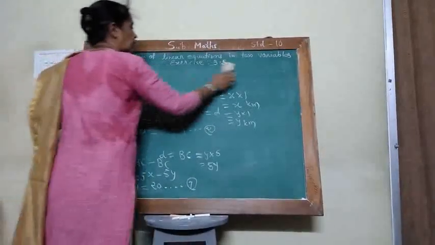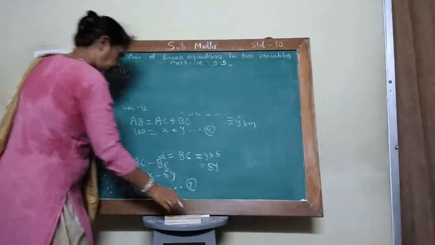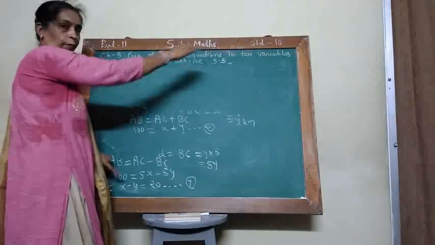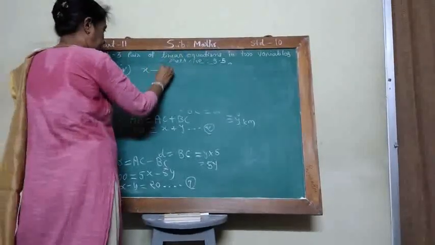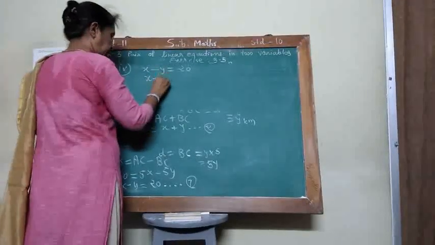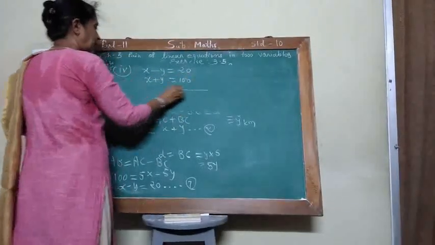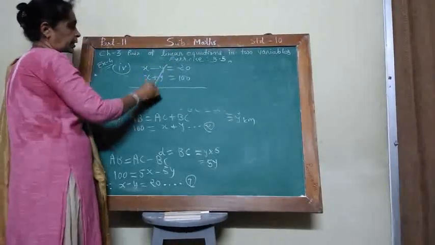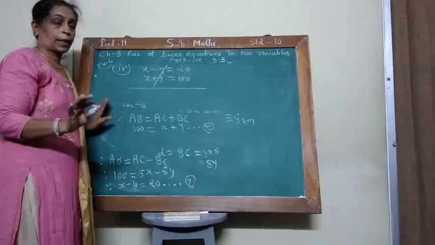Solving equations 1 and 2 by which method? Elimination method. So here you write solving equations 1 and 2 by elimination method. I write the equations like this, and here it is very easy. Opposite signs are already there, so don't change the sign again.